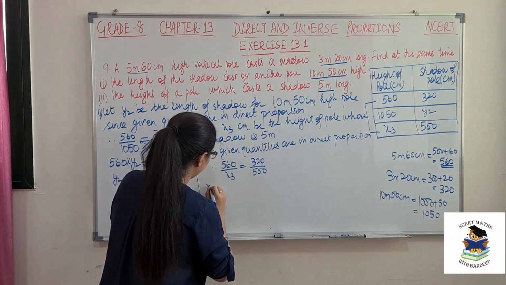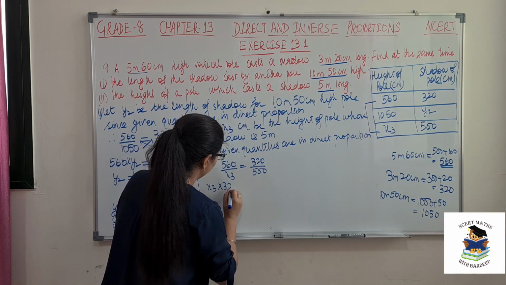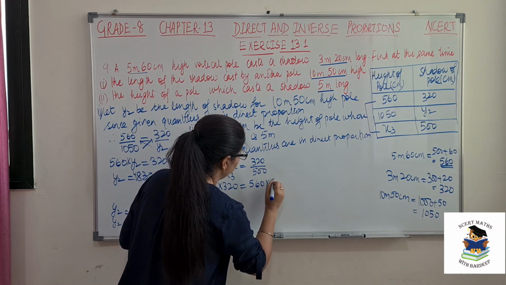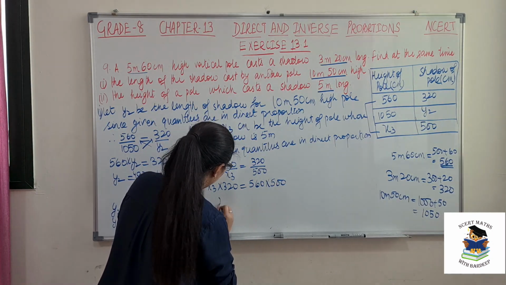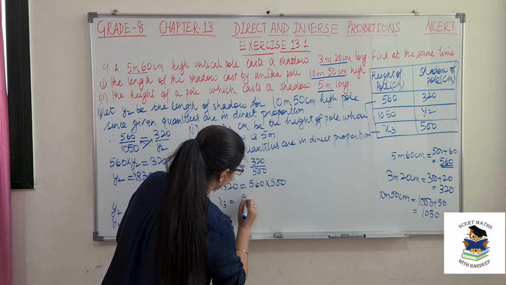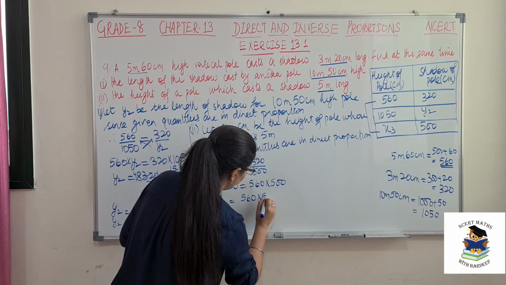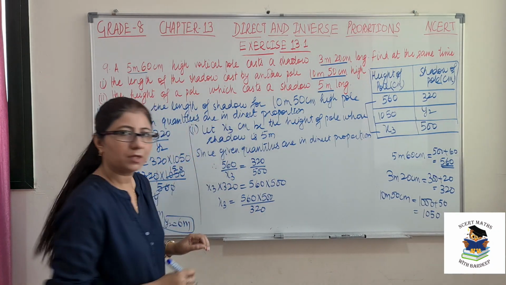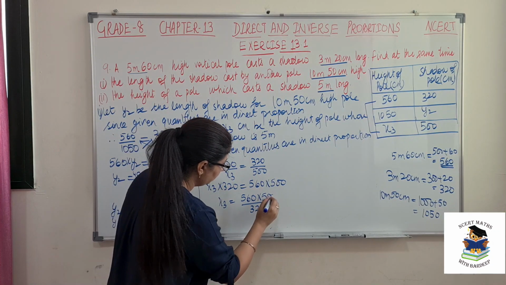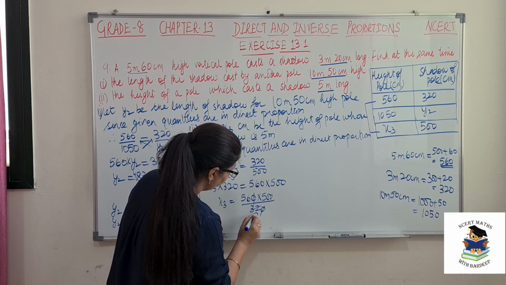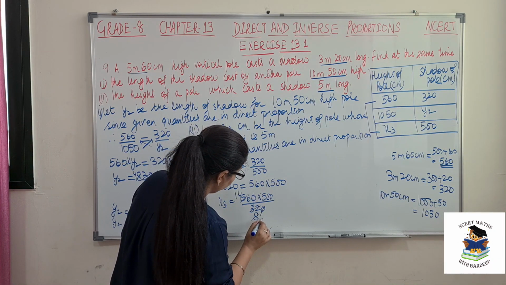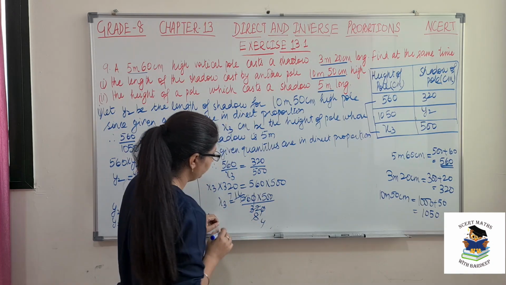So cross multiply them and x3 into 320 is equal to 560 into 500. So what is x3? 560 multiplied by 500 over 320. Okay, so this 0 will be cancelled. Again 4 8s are 32, 14 4s are 56, then it is 4 7.